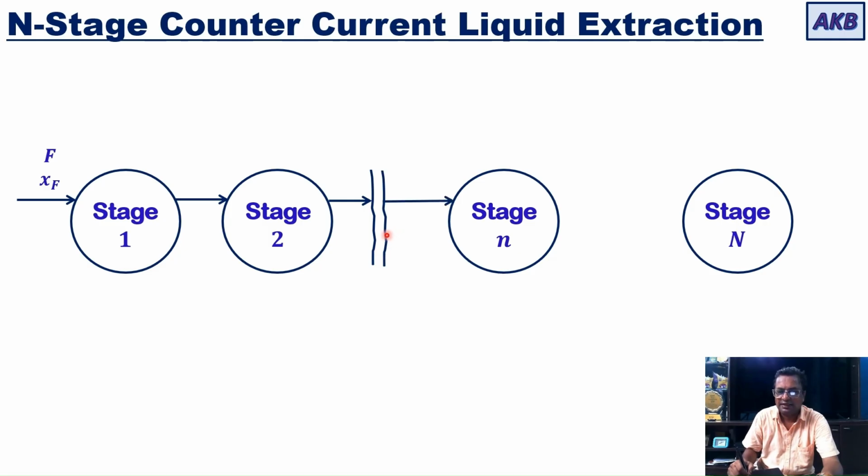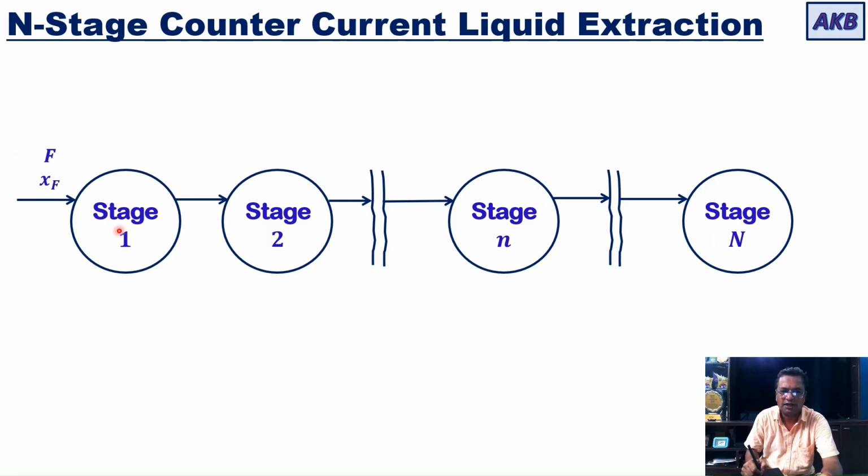Then the solution will be coming out of the n minus 1 stage, and it will be going to the nth stage. Then from the nth stage, again it will be flowing through a number of stages which are included between these two lines. And before going to the last stage, it will be coming from capital N minus 1 stage.